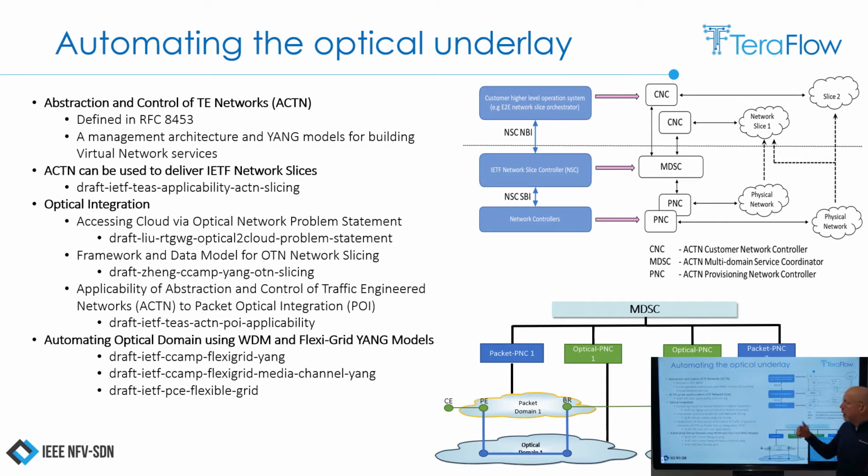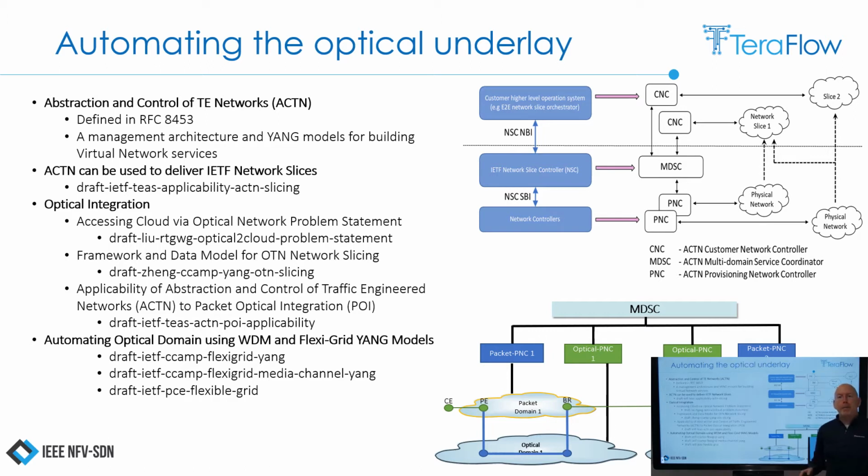So we have maybe an example of OTN slicing, or maybe we want packet over optical services. So these will be an additional 2 documents that really set out the requirements for managing multi-layer services over complex environments, potentially using multiple vendors and devices.